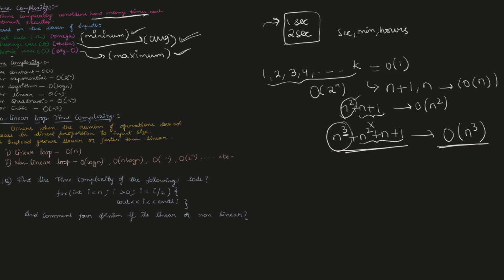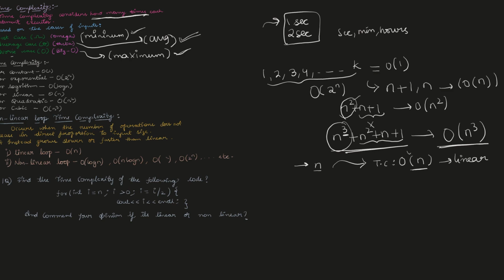Suppose you are giving an input called n, and your time complexity, which you measure in order, also increases in the same way, then this is called linear.